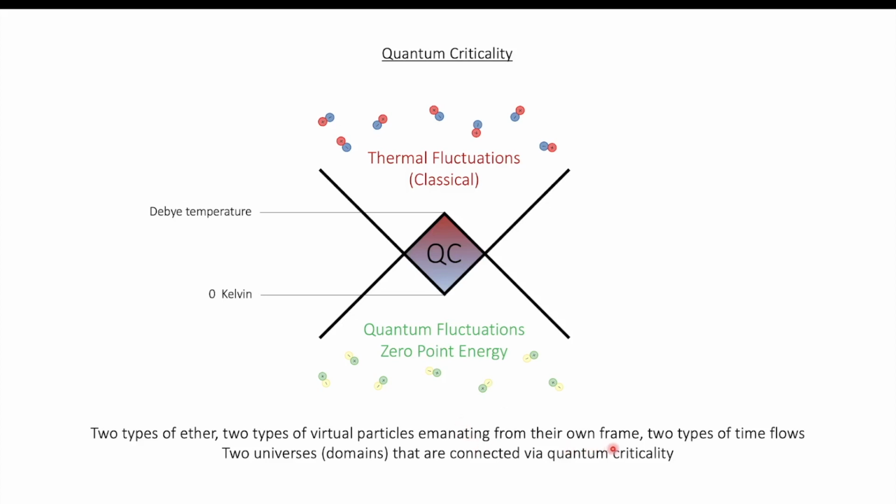So they are emanating from their own frame, and these two universes, they have an overlap region, obviously at 0 Kelvin, where the influence of this other universe is highest, but there is a region up to the Debye temperature, which can be above room temperature. And that's the so-called quantum critical window. That's how I call it.